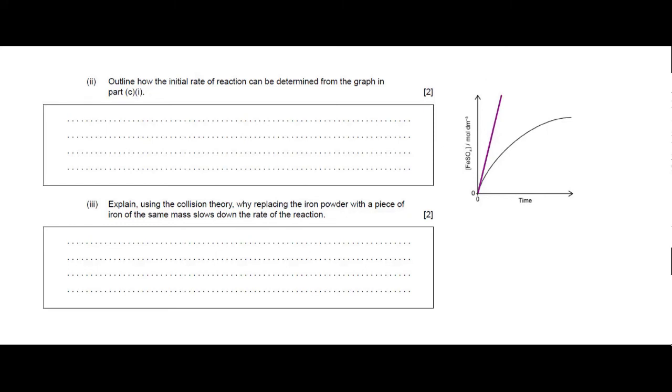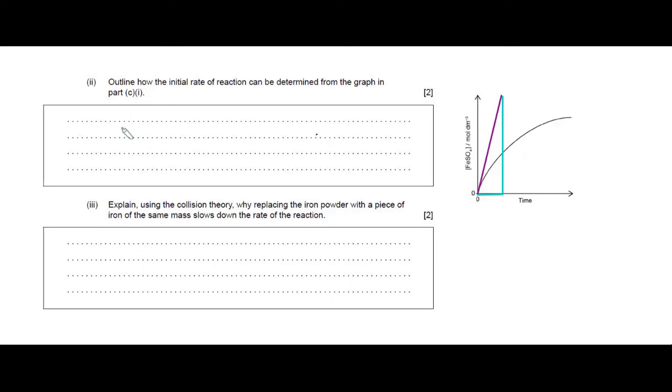In order to calculate the slope of this violet line, which is the tangent, I have to draw a line parallel to the y-axis, and take this line along the x-axis. You have to take the ratio of y on x. You'll be able to get the initial rate for this particular reaction. So drawing the tangent to this point, we'll be able to calculate the initial rate for the reaction.